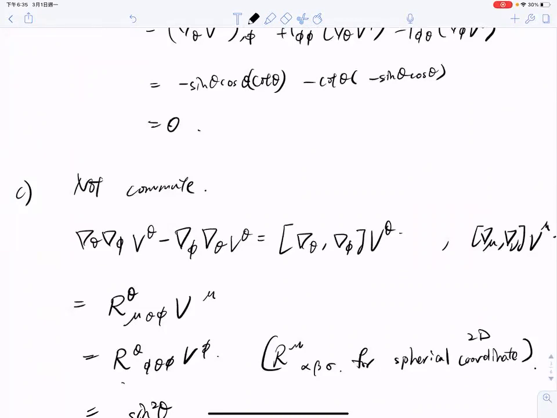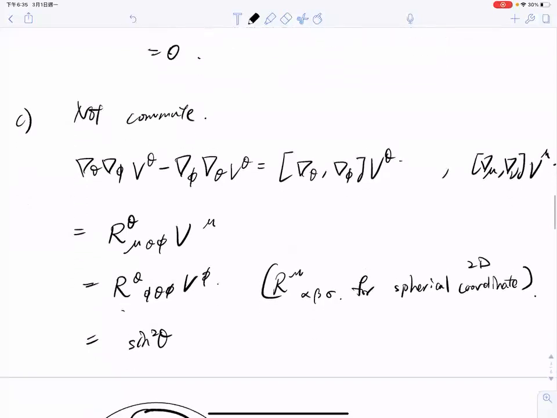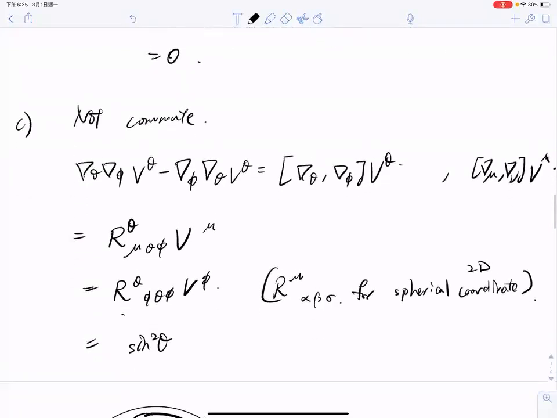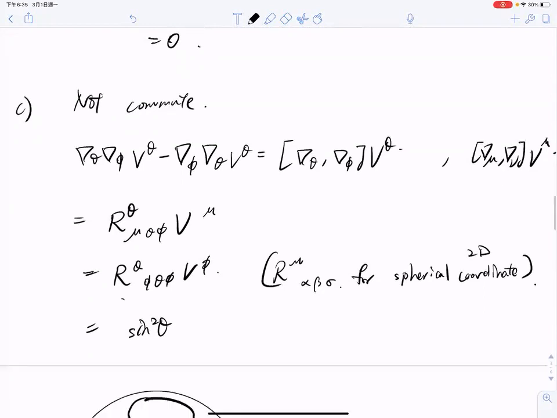In this exercise class, I really want to tell you what is going on, why they do not commute, which is intrinsically the definition of the Riemann tensor.